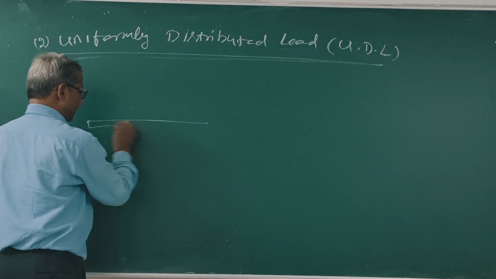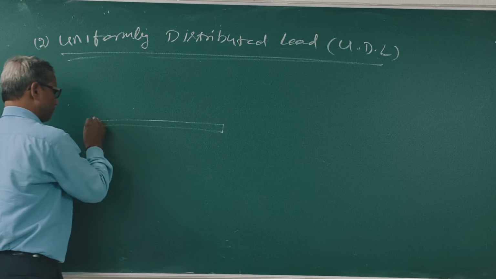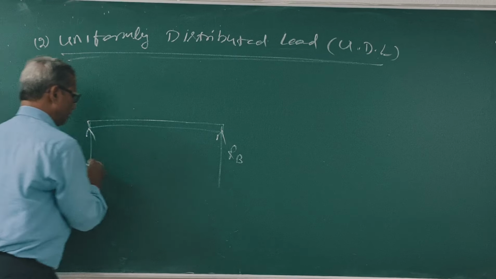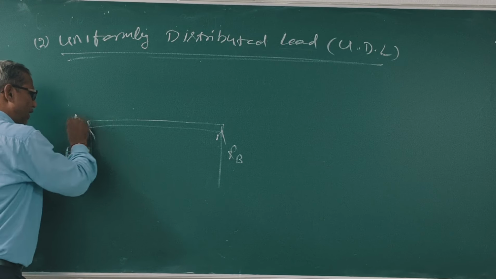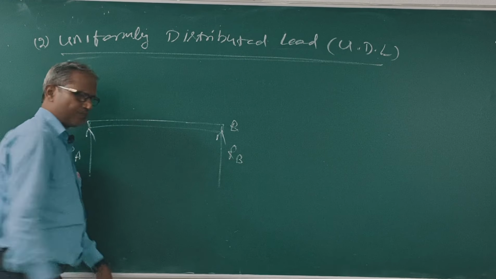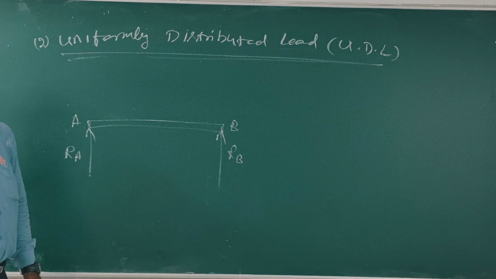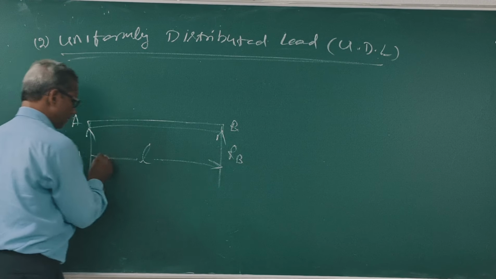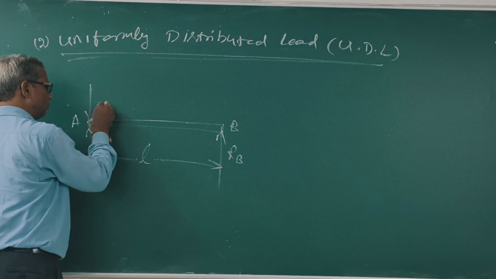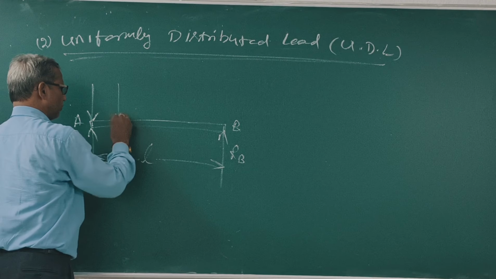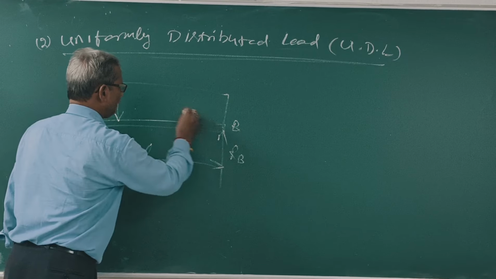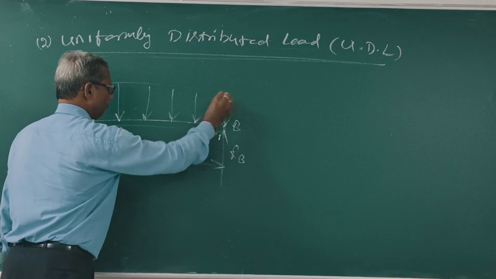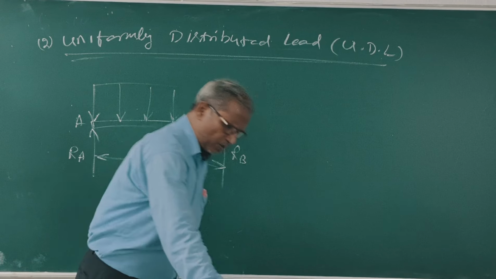This can also be explained in this figure. This is RA, RB, A, B. Clear? Suppose this length is L, load w, all load is w. This is the figure.